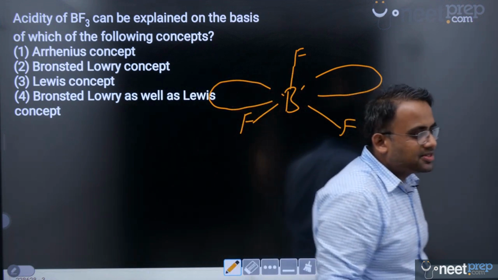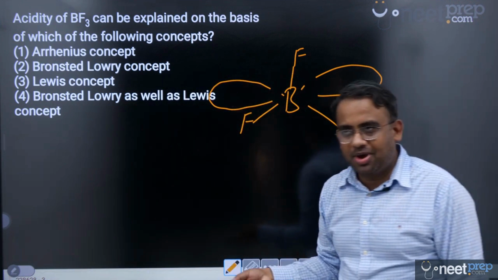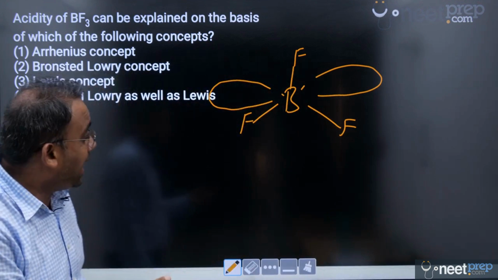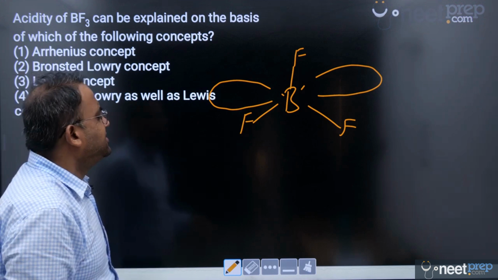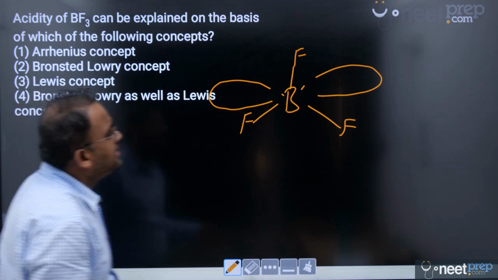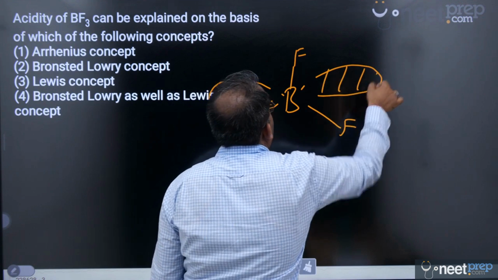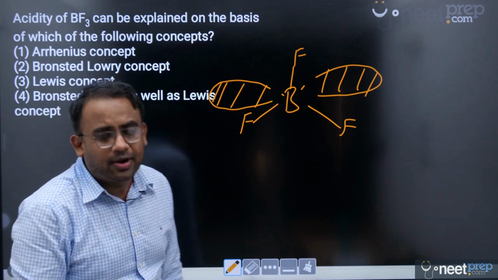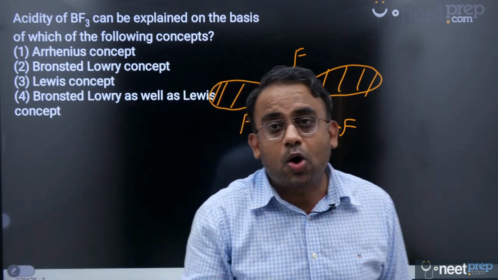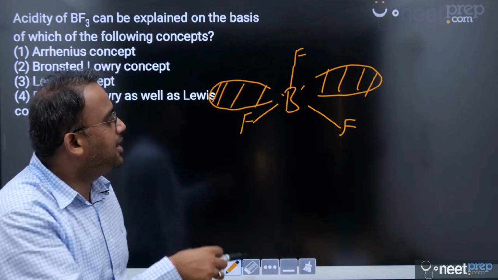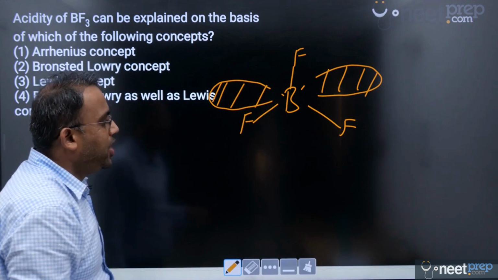It doesn't have any H plus ion or OH minus ion for that matter to think that it can behave as an Arrhenius acid or base. Acidity of BF3 can be explained on the basis of, see, it has a vacant p orbital. We can place some electrons here to fulfill its desire for completion of its octet, or to fully fill its vacant orbital.